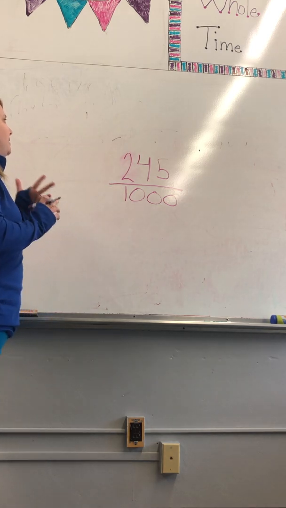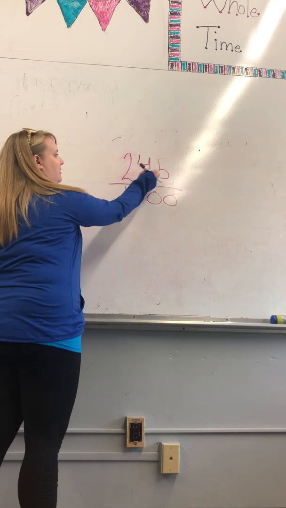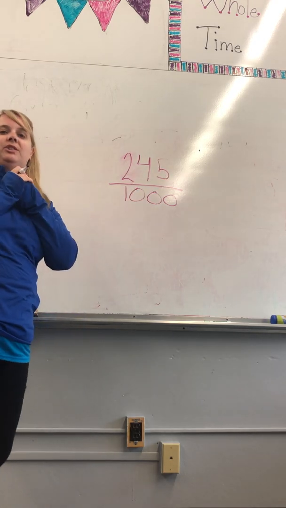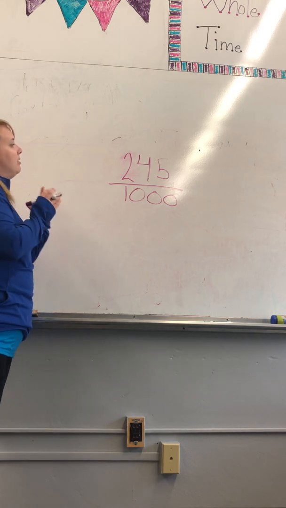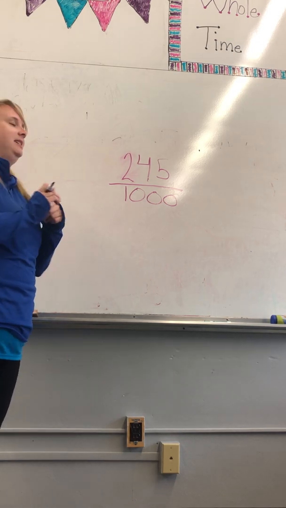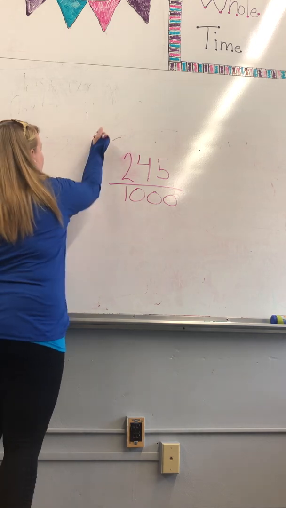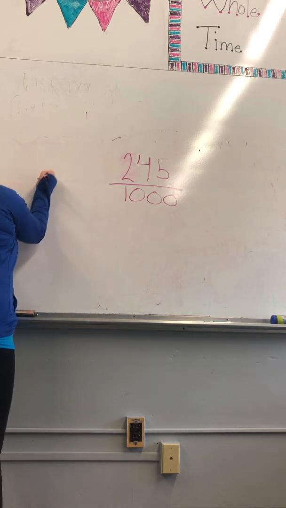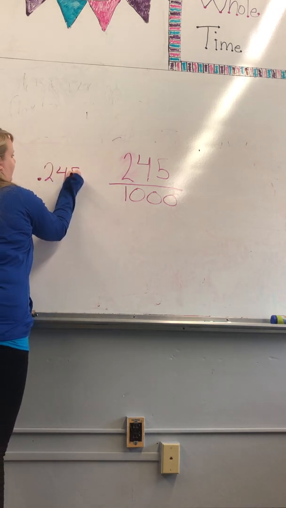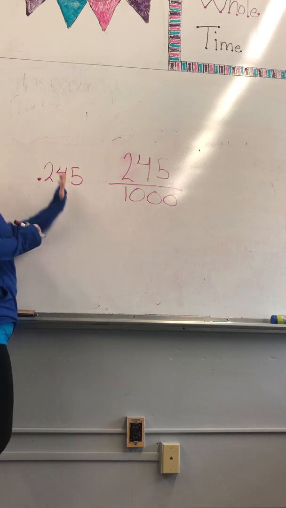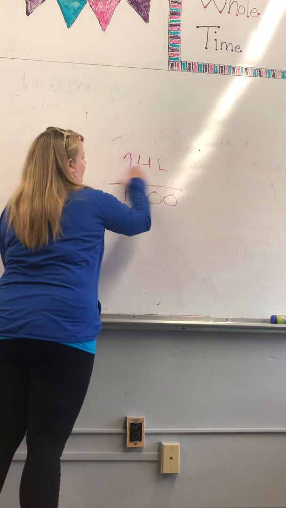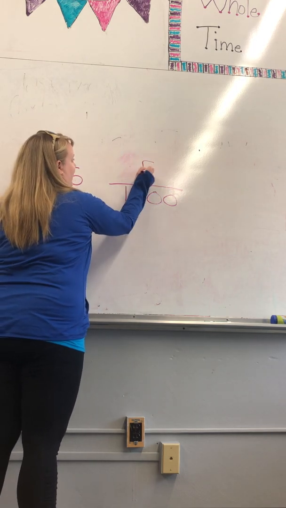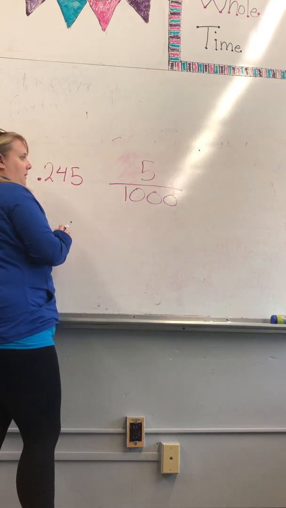If I'm going to write each part of this decimal, so the value of each number as a fraction, I need to put it over the place value that it is. So I have 245 thousandths. The value of the 5 in this number is 5 thousandths, okay?